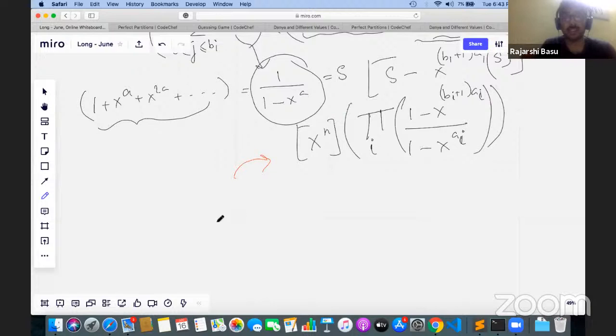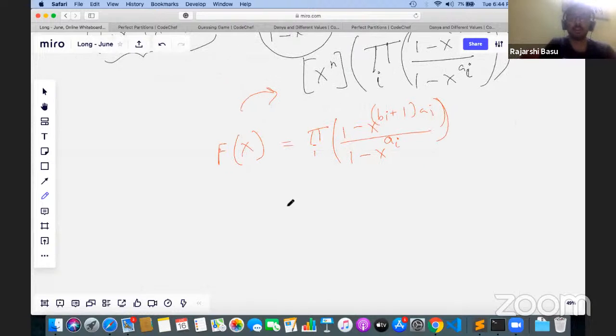The key insight is, let's say we denote this thing as f of x. Then we take log of it.